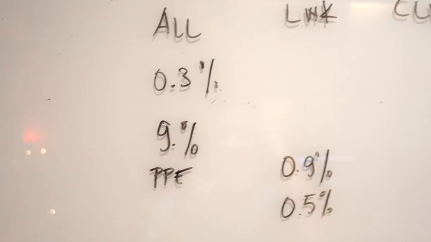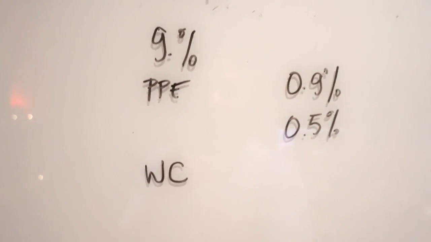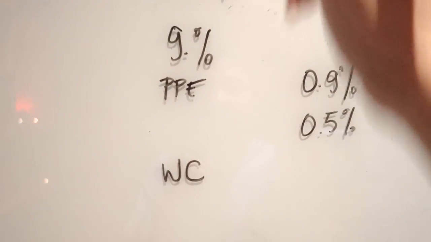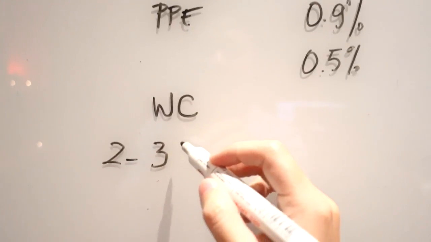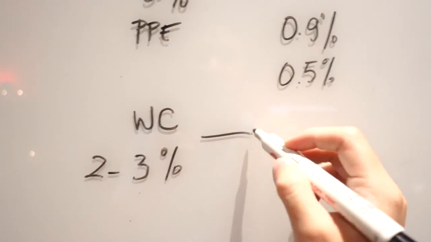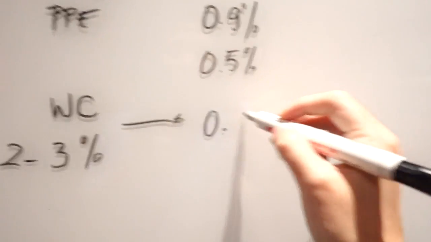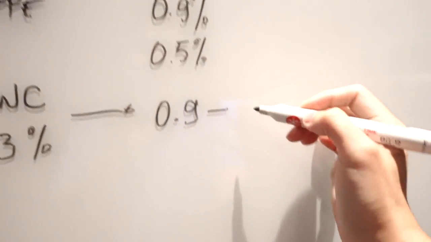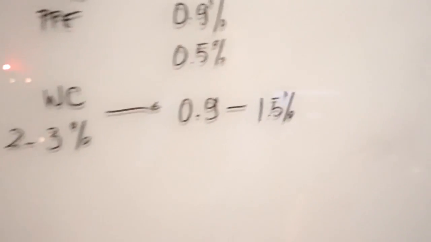But right now my workflow is going straight to the website conversion, WC. With WC, usually the CTR all is quite low, maybe just 2 to 3%, and the CTR link at 0.9 is pretty high, up to maybe 1.5%, something like that.